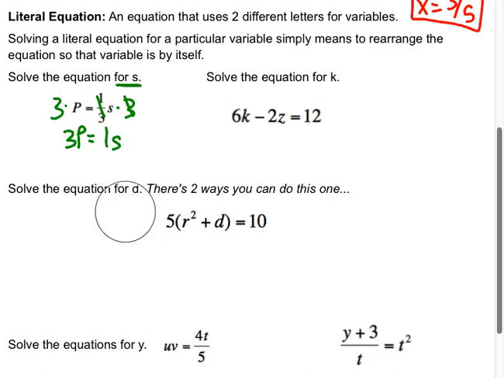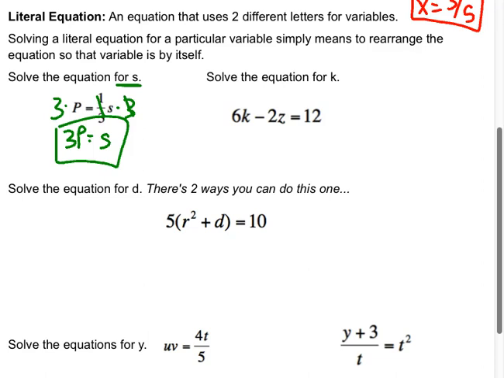And so realistically, 1s is actually just s. And now s is by itself. Okay, so again, just a little trick of the trade. Instead of dividing by that, sometimes you can just multiply by something and it'll have the same effect. Okay? So again, that's just a very basic one, but just a good place to start to get used to the whole fraction thing.